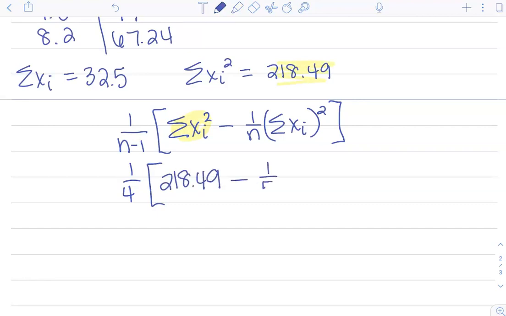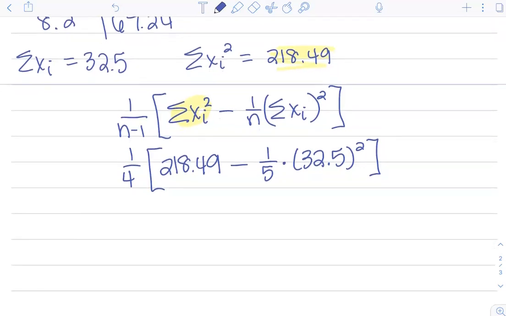And then minus 1 over 5 times the sum of the xi's squared, you would do 32.5 squared. So I know this is still a little bit of computation, but it is a little less work than the other one.